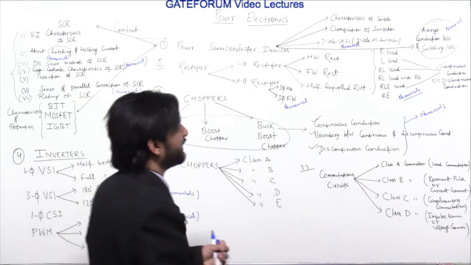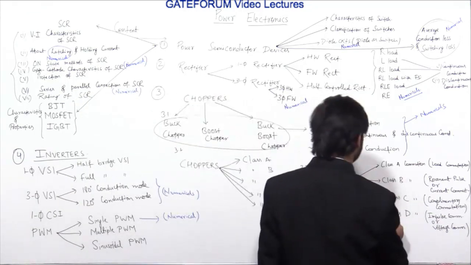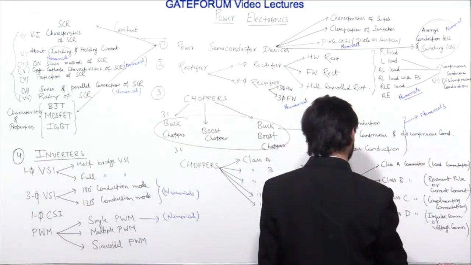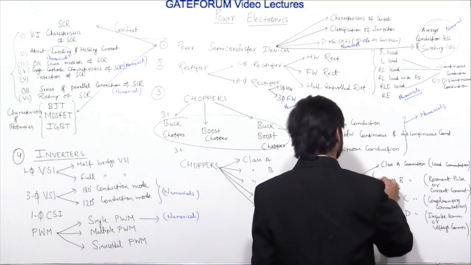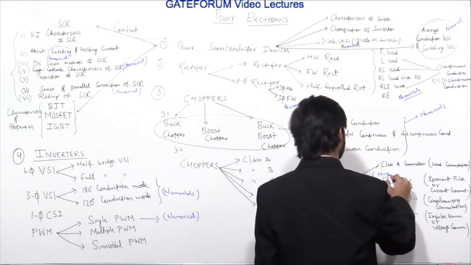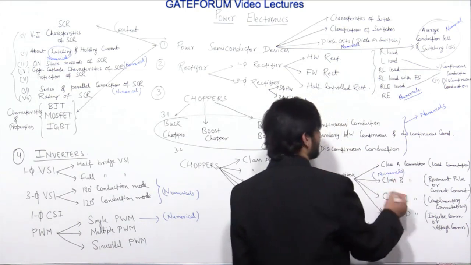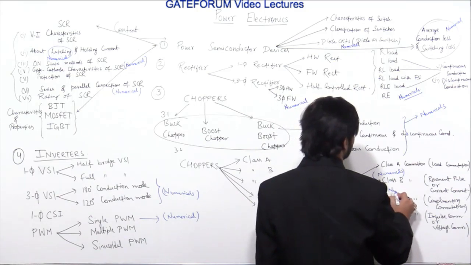Now the numericals that GATE has asked are mostly from class D. And there are some numericals based on class B also. They have not asked many, but they have asked a few, and here they have not asked, but still it can be asked.